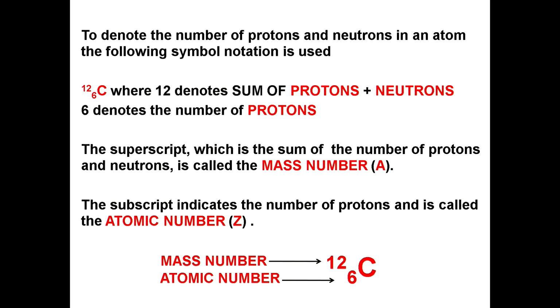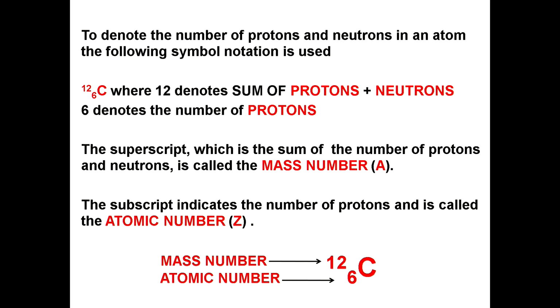The mass number doesn't include the weight of electrons. Why? Because compared with protons and neutrons, the weight of electrons is very, very small.